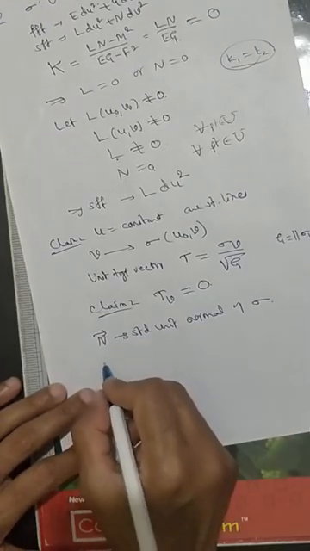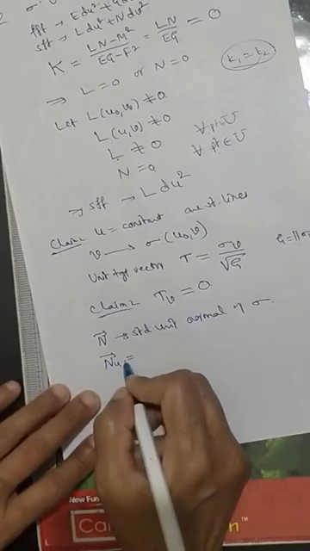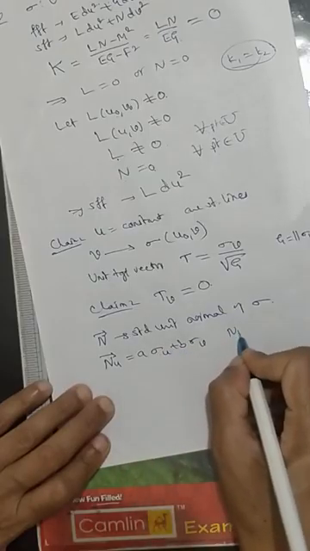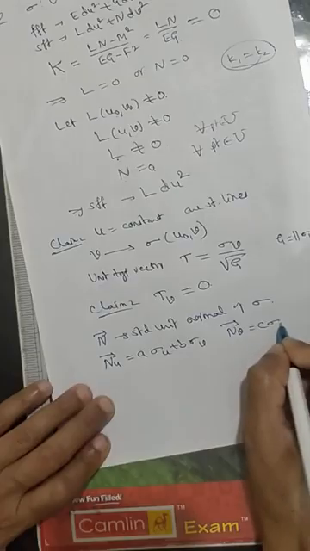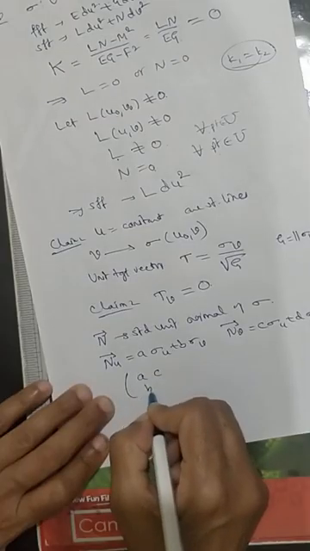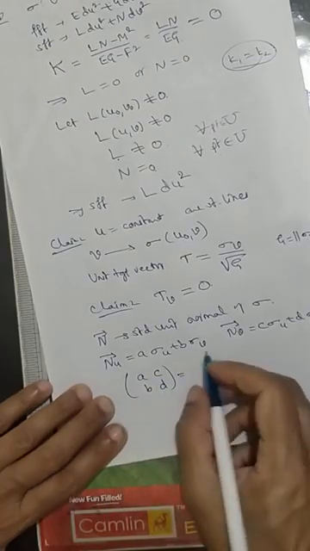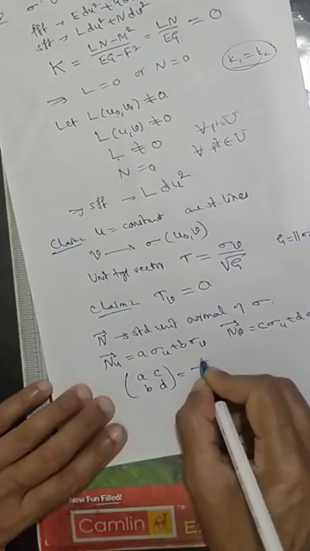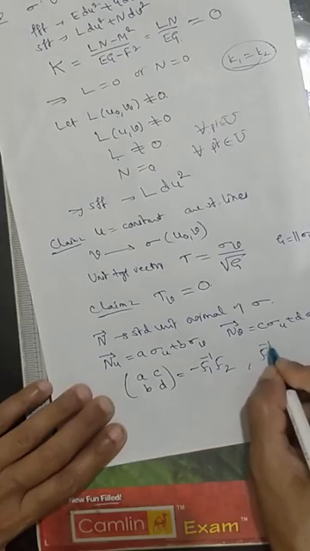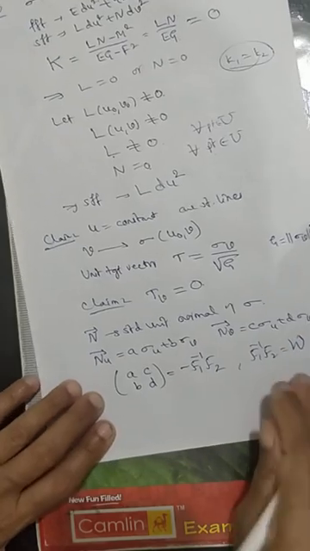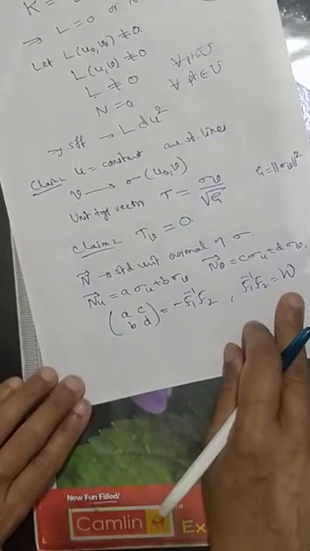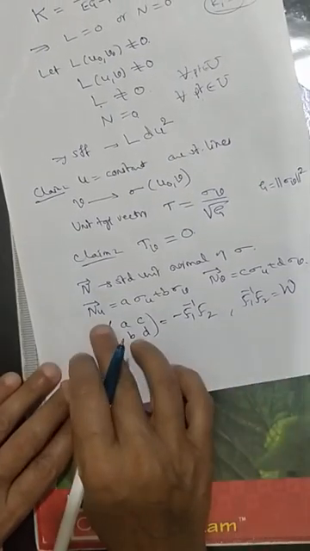Then we have proved in the earlier class that its derivative with respect to u is given by a sigma u plus b sigma v, and with respect to v it is given by c sigma u plus d sigma v, where these a, b, c, d are given by the matrix minus F1 inverse F2, where this F1 inverse F2 is denoted by W, and this matrix is called the Weingarten matrix here. Okay, so these are the derivatives of the unit normal.